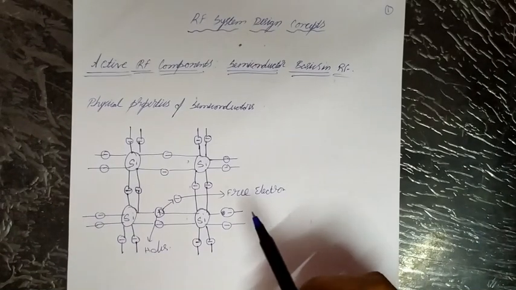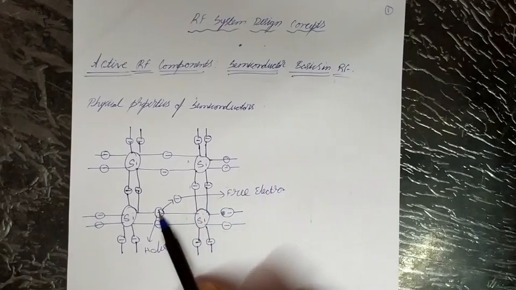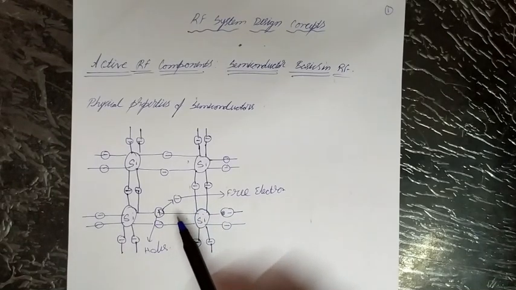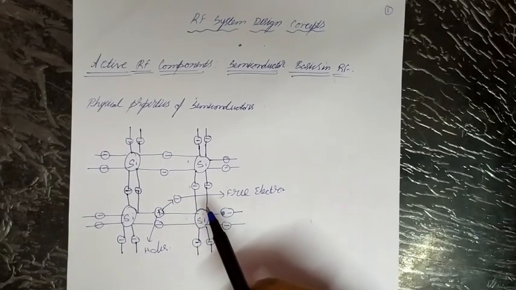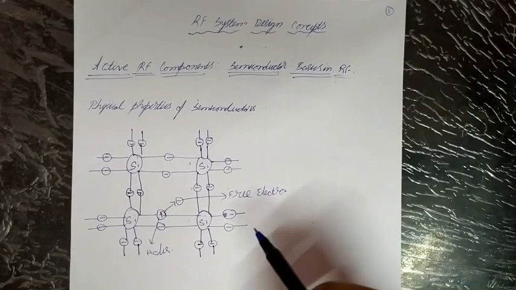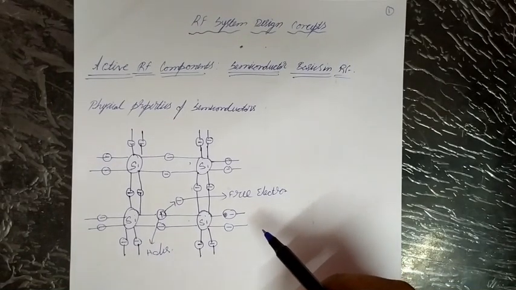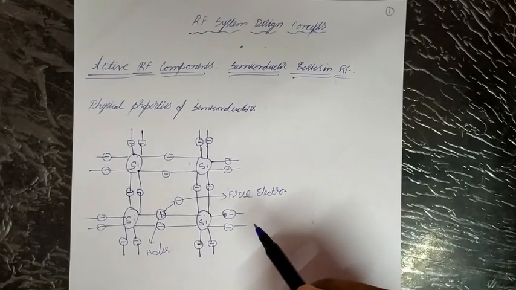Each silicon atom shares its 4 valence electrons with 4 neighboring atoms, forming 4 covalent bonds. So here is the energy band level of semiconductors.